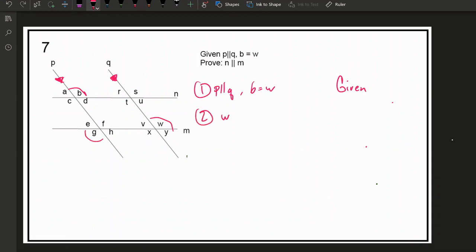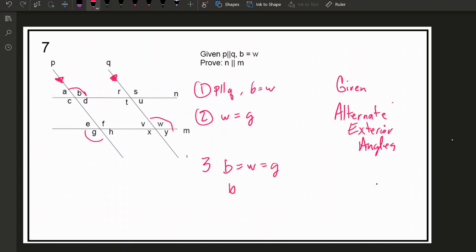Step 2, W is equal to G, and that would be because of alternate exterior angles. And now I can say that B is equal to W, which is equal to G, so therefore B is equal to G, and that is the transitive property.